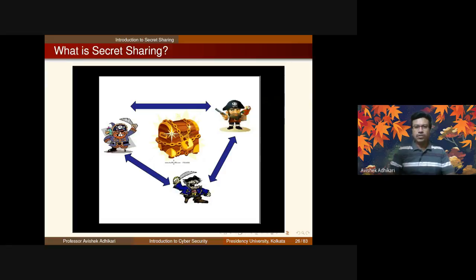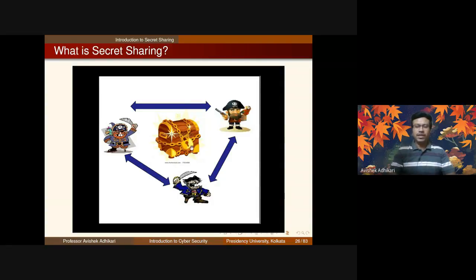So they decided on a kind of protocol. They decided that the locker or the box can be opened only if at least two of the three friends agree to open it. Among these three friends, in the cryptographic sense, we call the friends participants, and the lock we call the key.